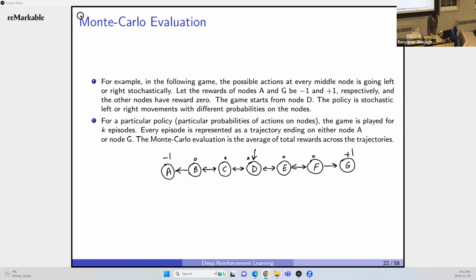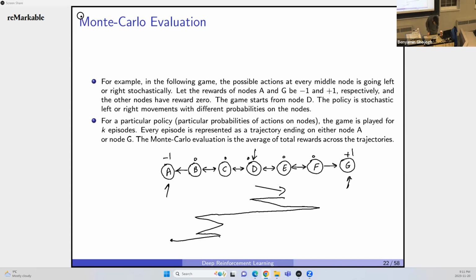What do I mean? Randomly, I go according to some probability, the probability pi. Then maybe this, maybe this, maybe this. Randomly, I go until I maybe end up here. These are terminal nodes. If I end at state G, I win with reward 1. If I end up in state A, I lose with reward -1. So this is the game.